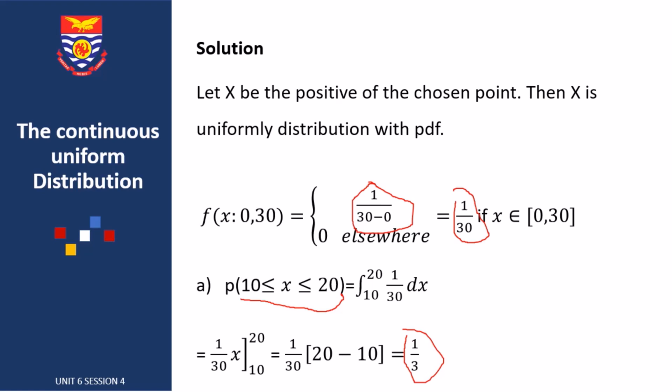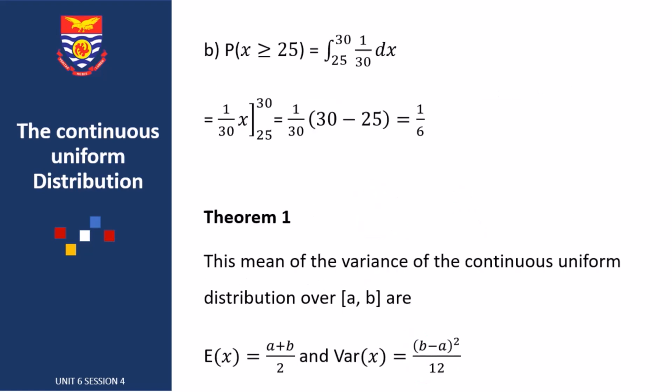The (b) part of the example says above 25, that is, 25 or more. Remember that the closed interval we are given is from 0 to 30. So if you are finding above 25, we cannot exceed 30. Our highest point would be 30.